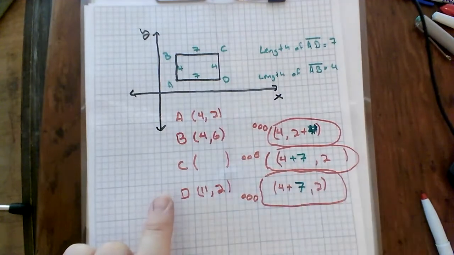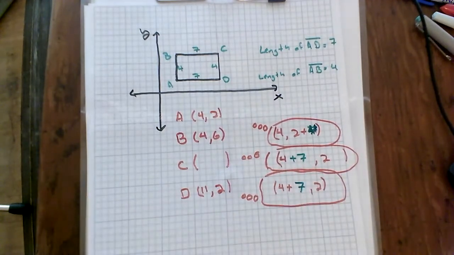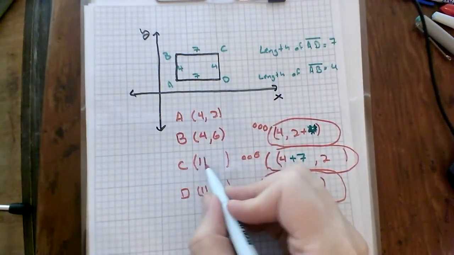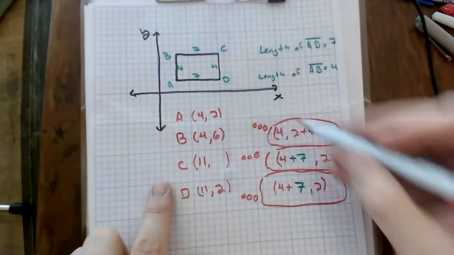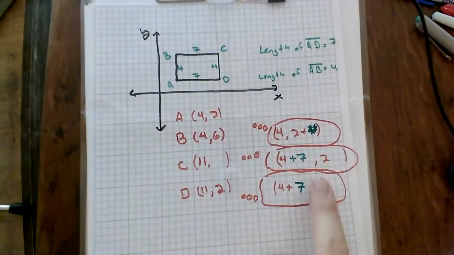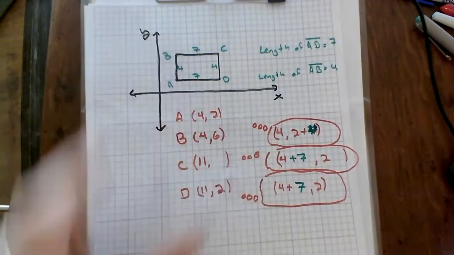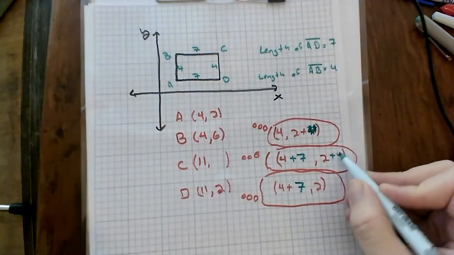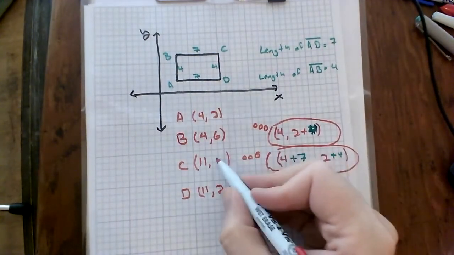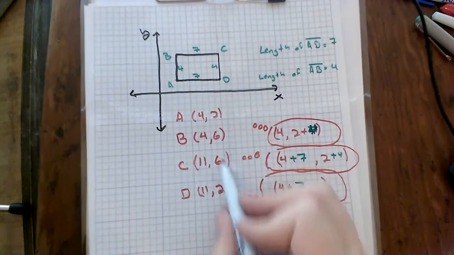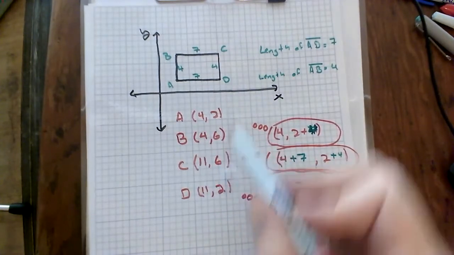So 4 plus 7 is going to be 11 for my x value. My y value is moving up by 4, so I take where I was and I'm increasing that by 4. So that's plus 4. 2 plus 4 is going to be 6.